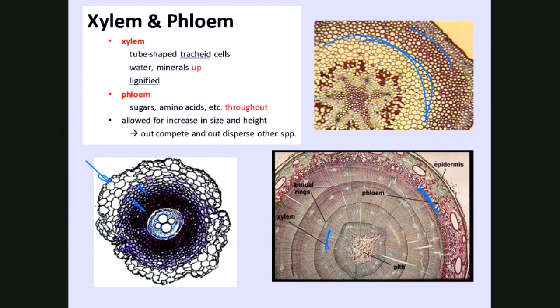Lignin is one of the most durable substances on earth. It's like concrete. So you can not only stiffen each one of those individual cells, take a bunch of those individual cells that are stiffened together, and you've got yourself a tree, don't you? And the phloem brings the stuff back down, like the sugars and the proteins and all the products that are made. So maybe not phloem down, but more like phloem throughout.